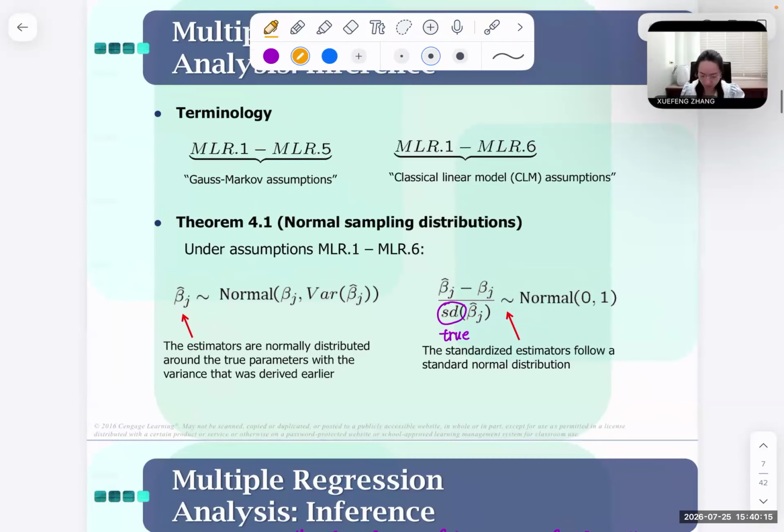Theorem 4.1, normal sampling distribution.